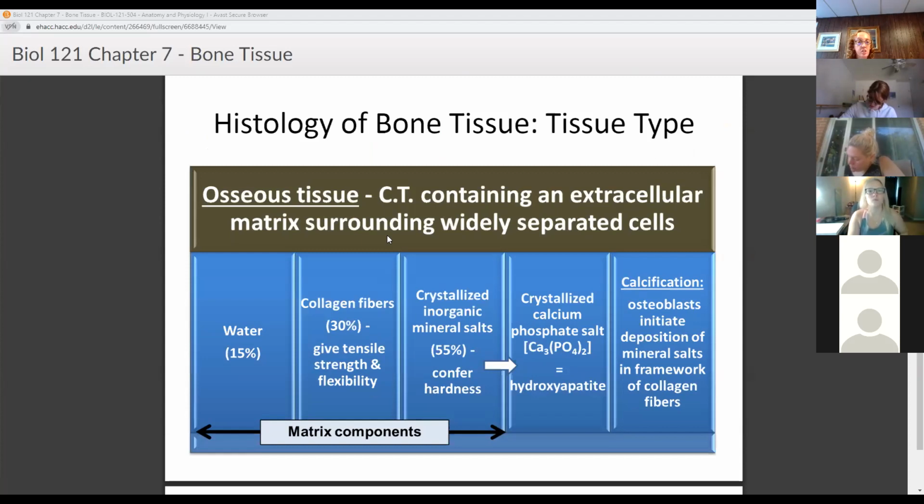So osseous tissue is a connective tissue that contains an extracellular matrix surrounding widely separated cells that are living in those lacunae.